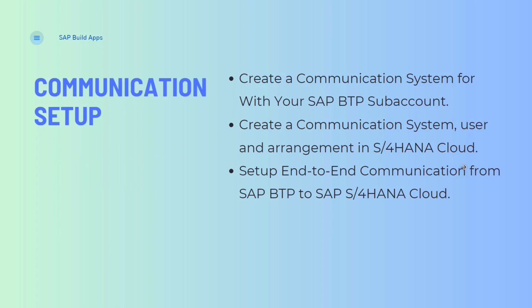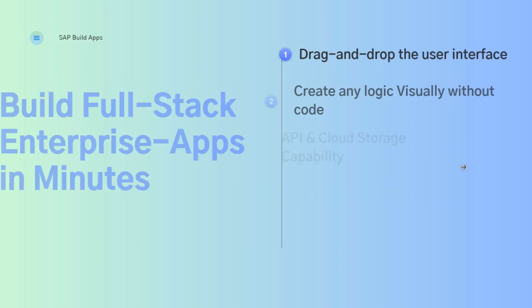In terms of the communication setup, first of all, you will have to create a communication system within your SAP BTP account. Then you will have to create a communication system, user, and arrangement in the SAP S4HANA cloud system. And then you will set up the end-to-end communication between the BTP and the SAP S4HANA cloud system.